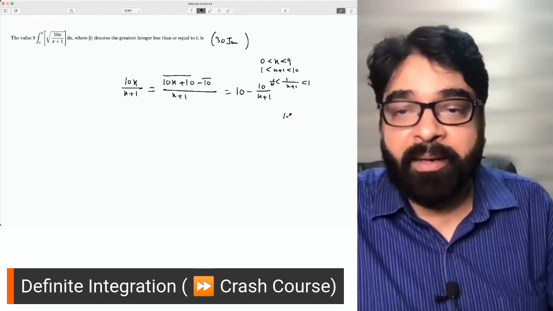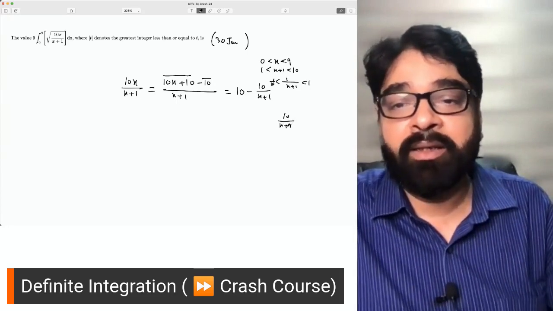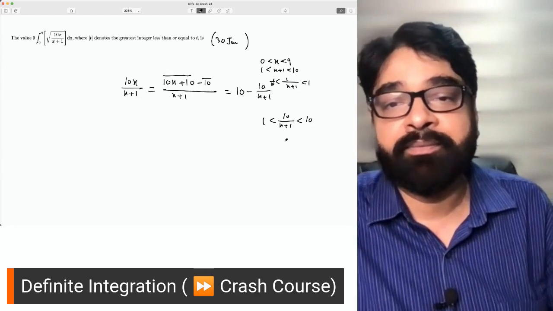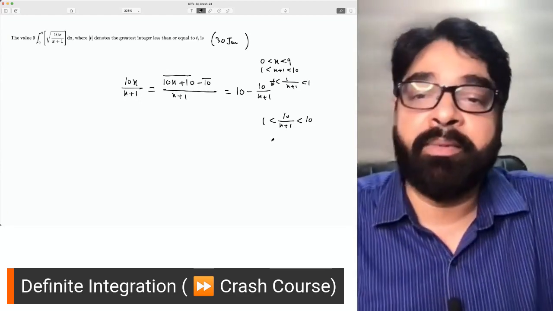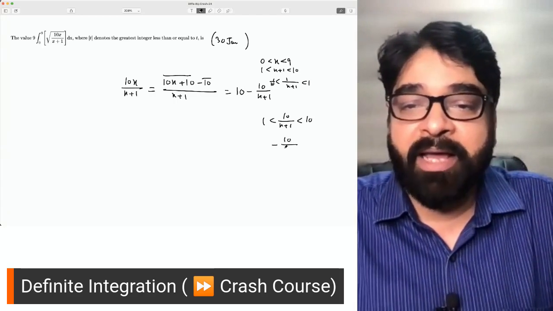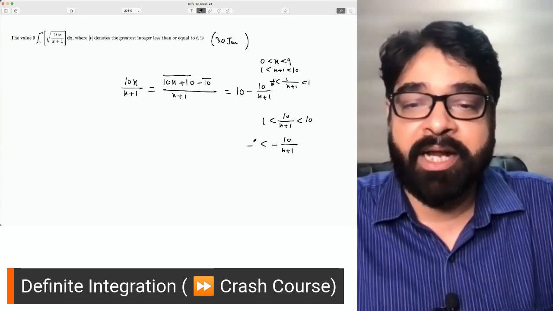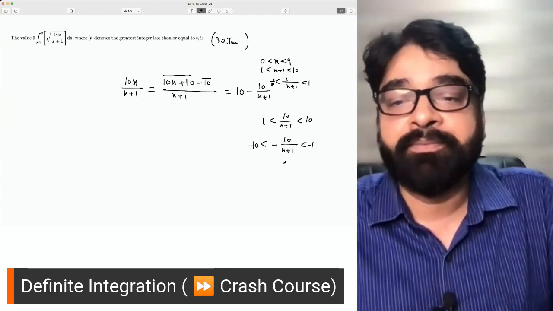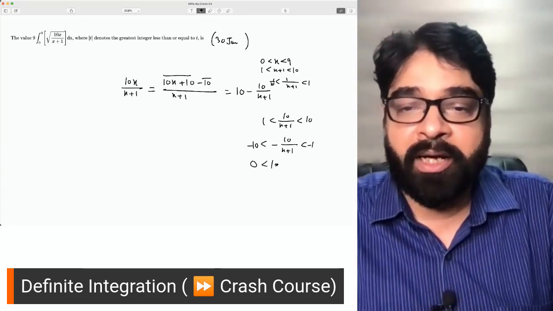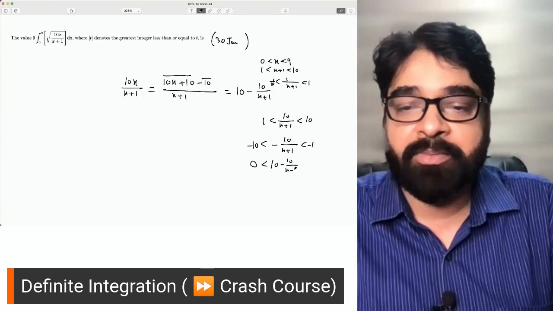10 by x plus 1 will be where? Multiply throughout by 10: 1 to 10. If I multiply by minus, minus 10 by x plus 1 will be minus 10 to minus 1. Add 10 on both sides: 0 to 9 for 10 minus 10 by x plus 1.